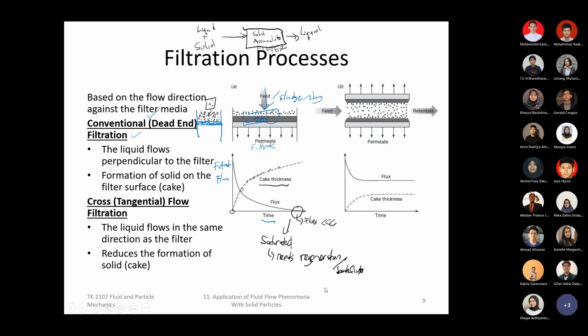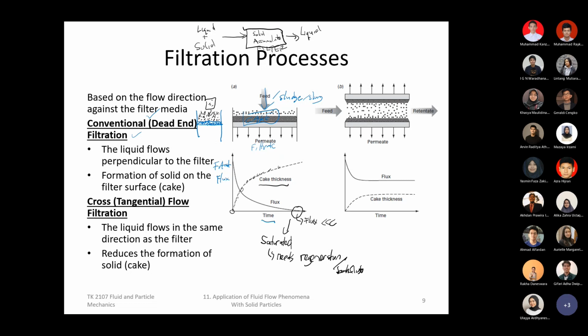So the advantage of conventional filtration is that the manufacturing process is relatively simple. It tends to be cheaper, but the problem is it has a transient process. It's not a completely steady state process. That means we have to stop the operation every once in a while to regenerate the process.